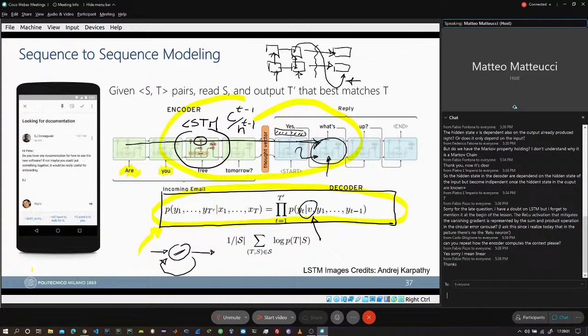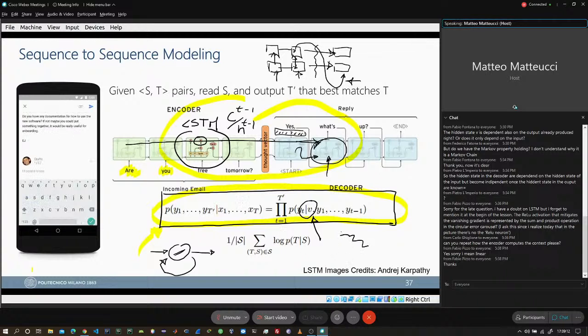Okay, I hope so. I will come back, as I promised, to this idea of a language model. Why we do this to compute the likelihood of a word following another is a very classical way of representing and modeling a language.